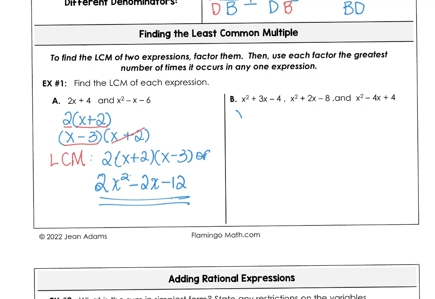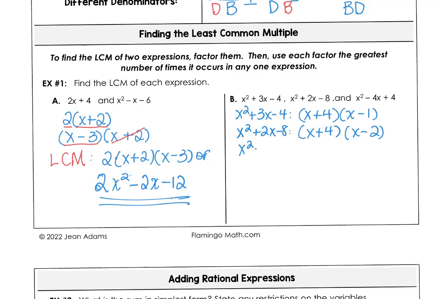In part B, for the x squared plus 3x minus 4, that would factor as x plus 4 times x minus 1. And the second trinomial, we can factor that as x plus 4 times x minus 2. And then the third trinomial is a perfect square trinomial, which is x minus 2 quantity squared. So I'm going to write it out.